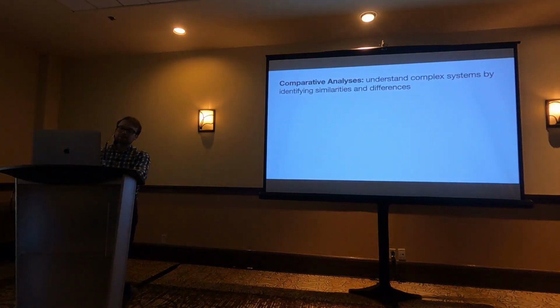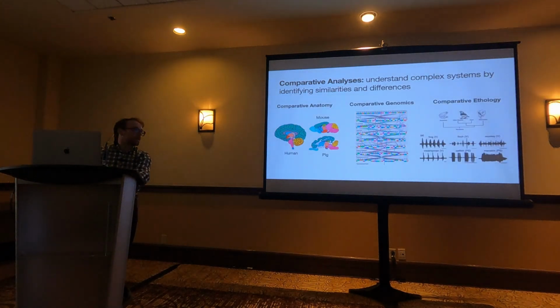Okay, so taking a step back, the overall motivation for working on this set of problems is a recognition that the way we understand complicated systems, perhaps particularly in biology and other natural sciences, is through a comparative lens. So I hopefully don't have to spend too much time convincing you of this.